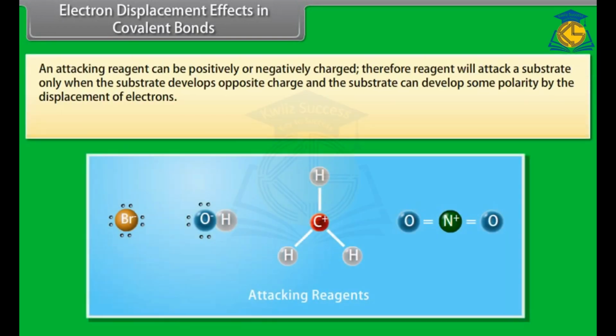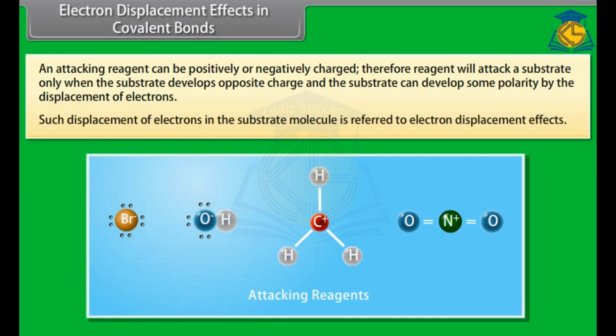An attacking reagent can be positively or negatively charged. Therefore, the reagent will attack a substrate only when the substrate develops an opposite charge and the substrate can develop some polarity by the displacement of electrons. Such displacement of electrons in the substrate molecule is referred to electron displacement effects.